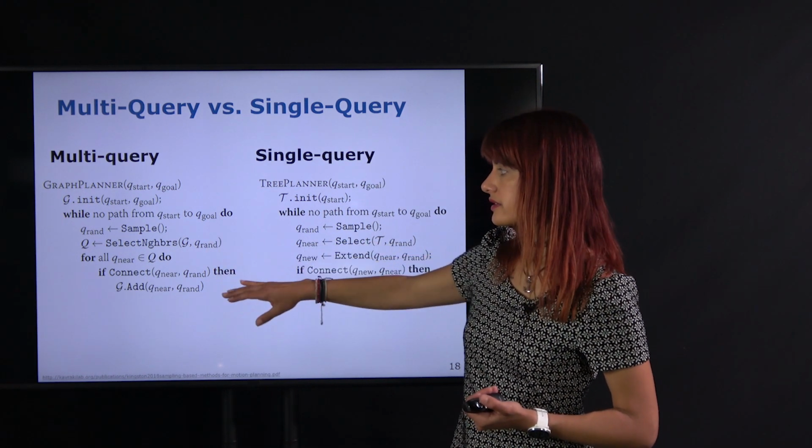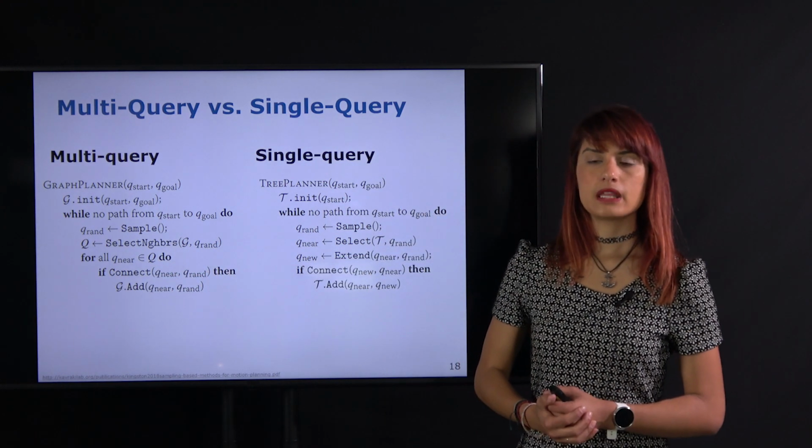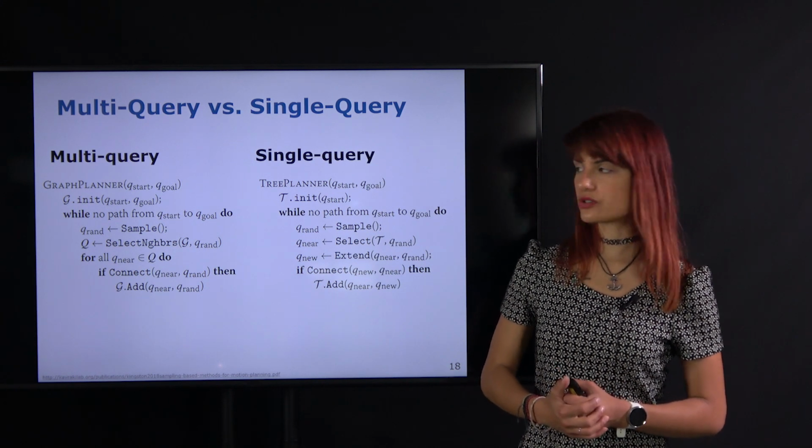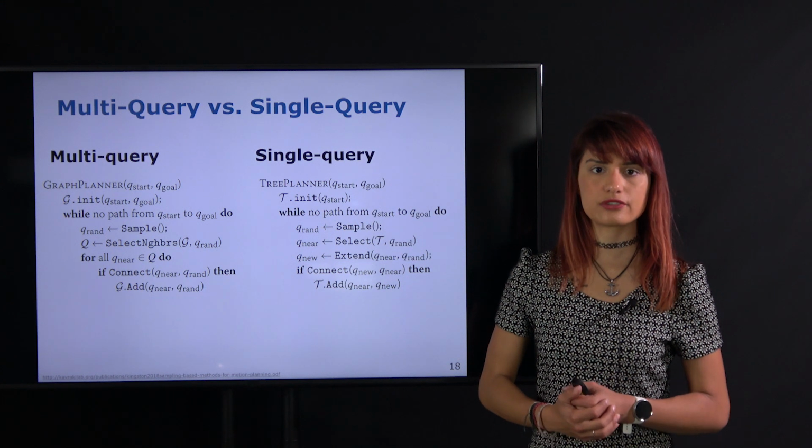And then it uses the collision checking connection step in order to add them if the feasibility check returns positive, so if the two configurations are collision-free.